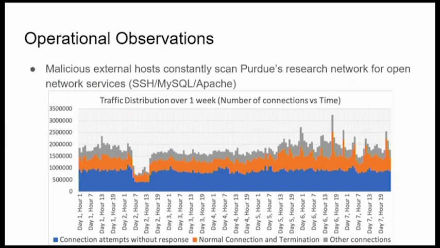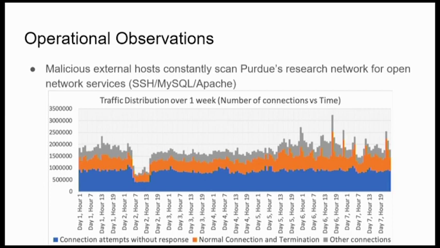So this is a very cool diagram, because this shows us some of the operational observations we had when the system went live. The first thing that we discovered was obviously that there are many malicious external hosts that are constantly scanning Purdue's research infrastructure for open services, and it could be nmaps or just actually looking for actual services like open ports.